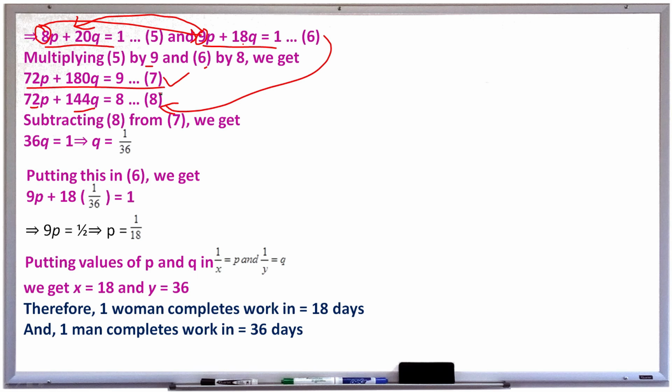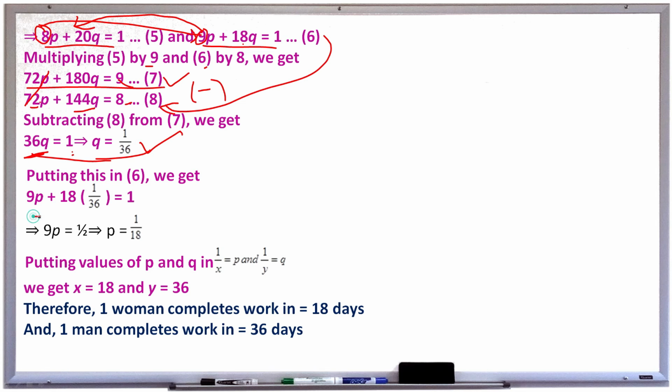Now subtracting 8 from 7, because both have 72p with the same sign, 72p minus 72p will get cancelled. 180q minus 144q is 36q, 9 minus 8 is 1. So 36q is equal to 1, so q is equal to 1 by 36.